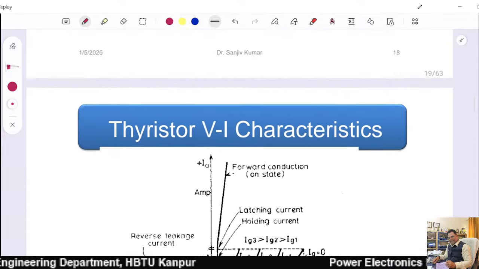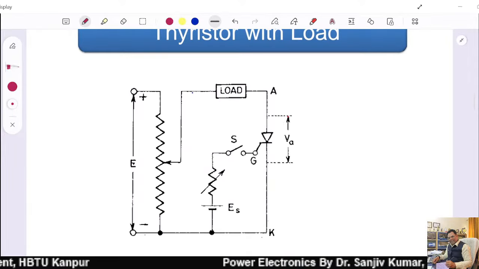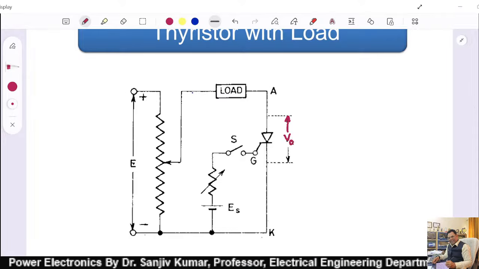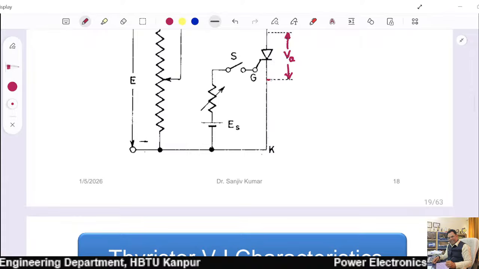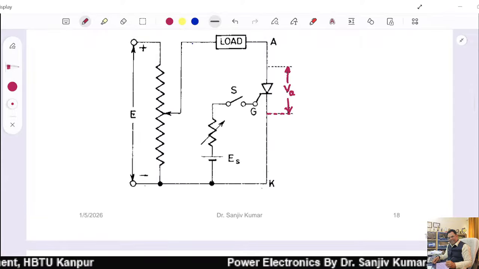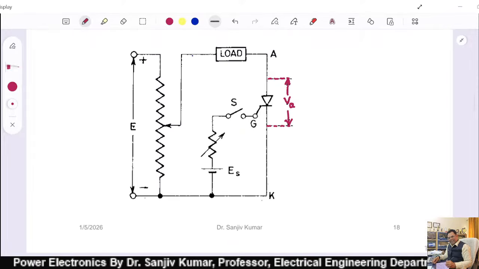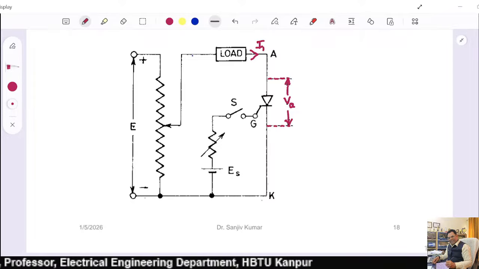Mind it, it is not the applied voltage, it is the voltage which is appearing between anode and cathode, right? As simple as that. Let me also draw this. So this is the voltage VA, and this is the anode current IA.